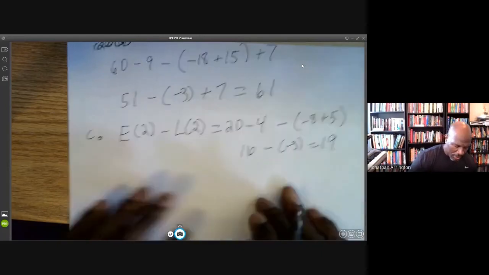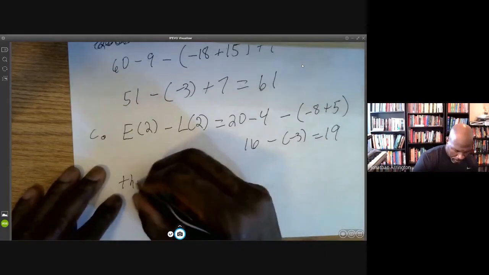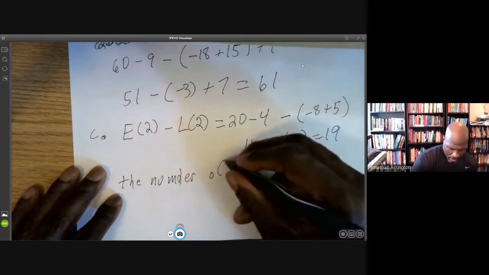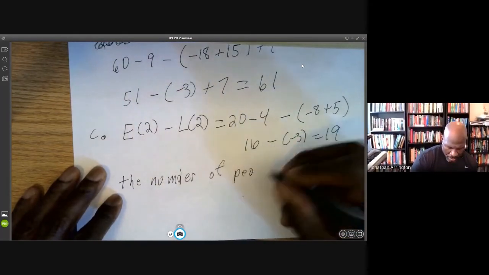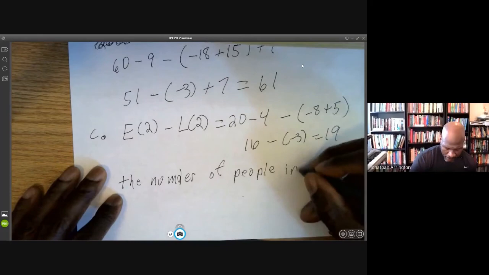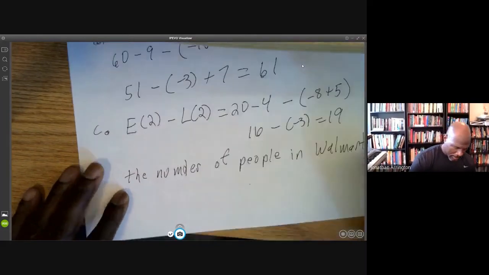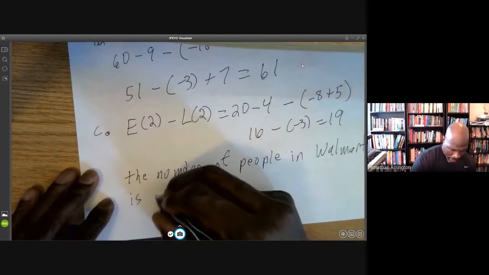So therefore, the number of people in Walmart is increasing.